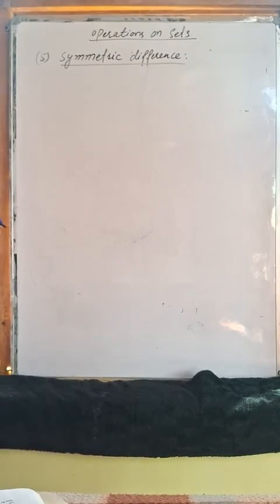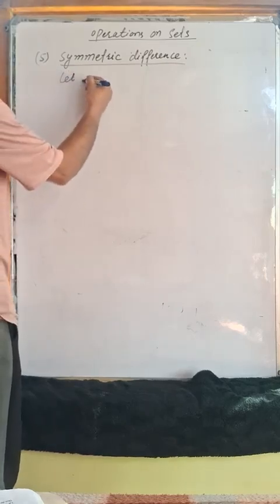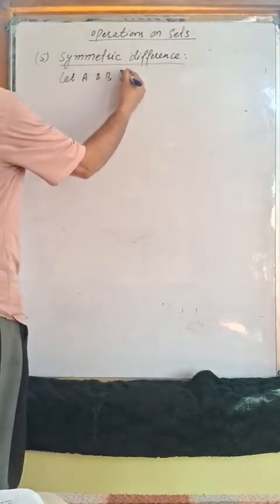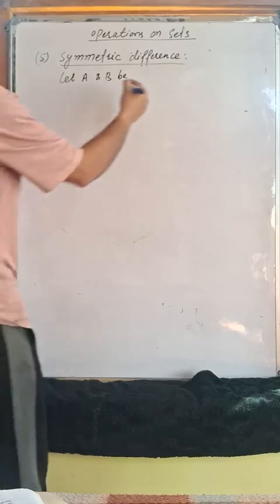Now the fifth operation is symmetric difference. Let us first define it. Let A and B be two sets.